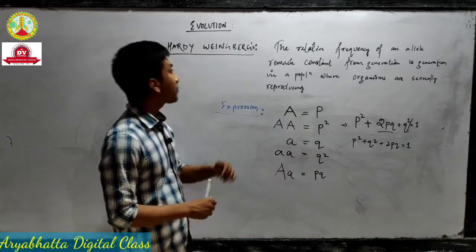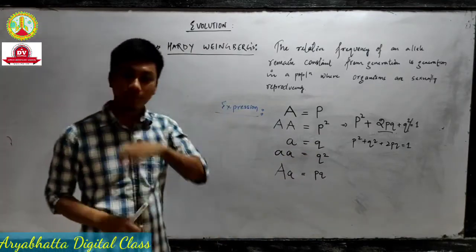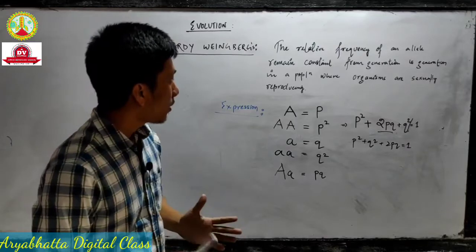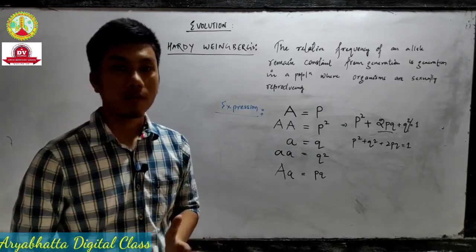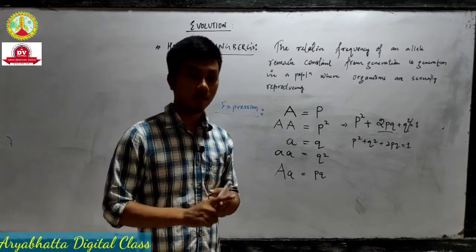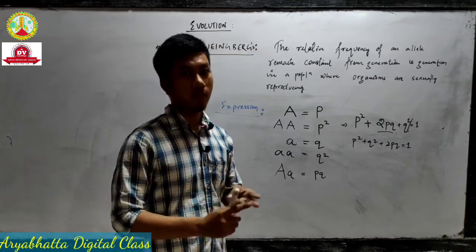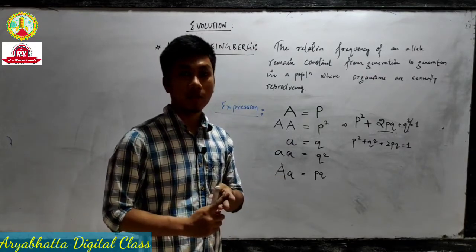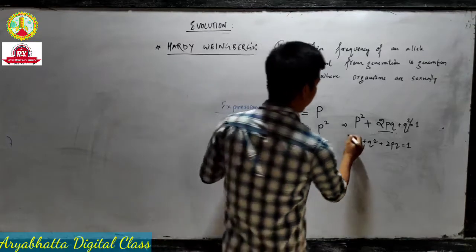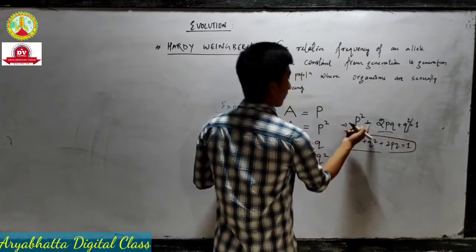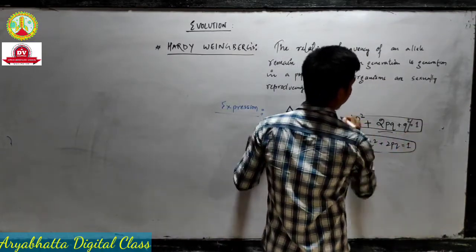So this is all about Hardy-Weinberg. First of all, the definition, then where it is applicable, then the factors that affect Hardy-Weinberg. Then this expression is very important. You can write it like this or like this also.